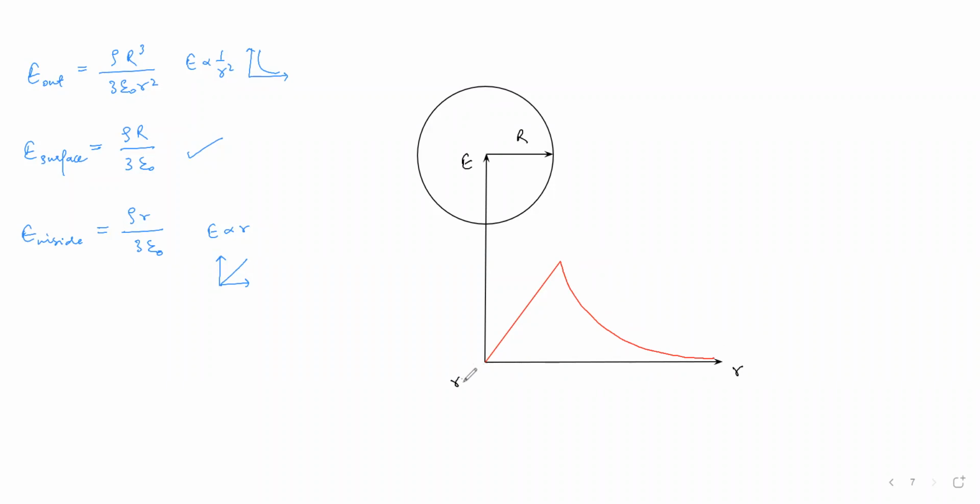At this position, your r is 0. This is the position of r equal to R. This is r less than capital R, and this one is r greater than capital R. This represents E outside, inversely proportional to r square, and this one represents E inside, which is directly proportional to r. This is your discontinuous point, and this point represents r equal to R.